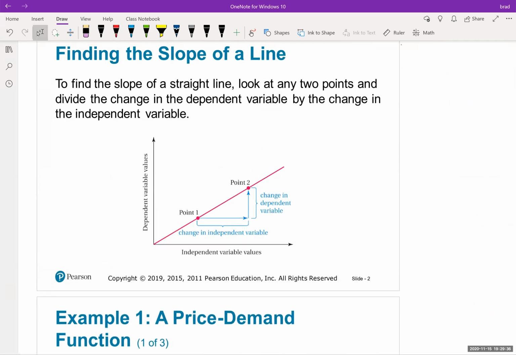So it says find the slope of the straight line, look at any 2 points and divide the change in the dependent variable by the change in the independent variable, which is the change in the y's over the change in x's. Okay, so that's what they're saying right here. If you guys notice, they did the same thing I did, is they built this little triangle right here, almost like a ladder, like a stairway.